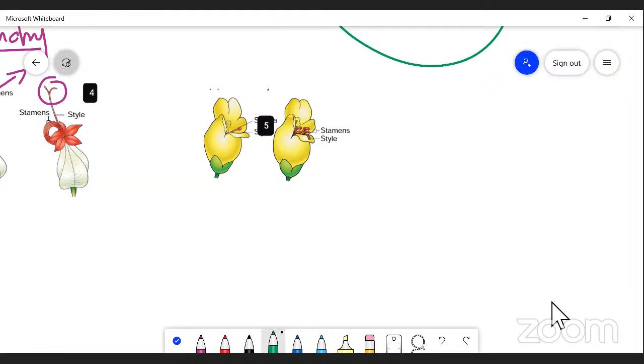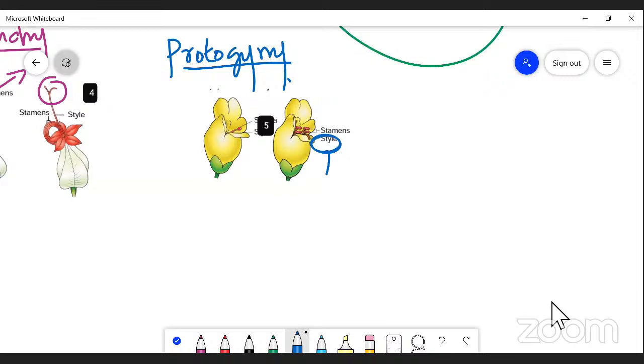This is an example of protogyny. We first discussed protandry, and now protogyny.